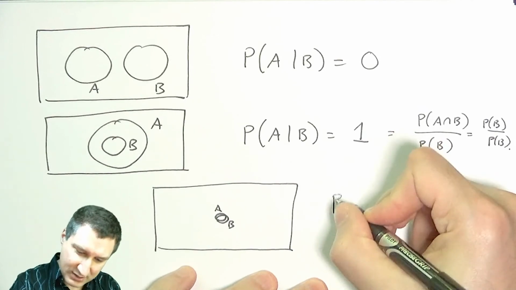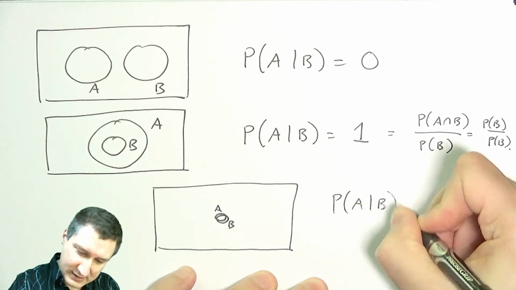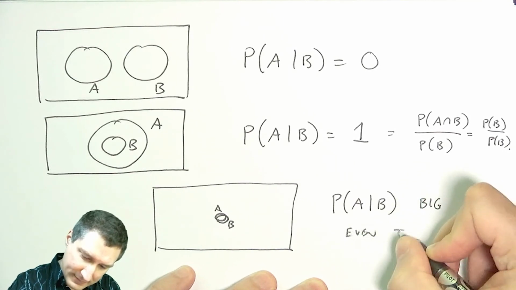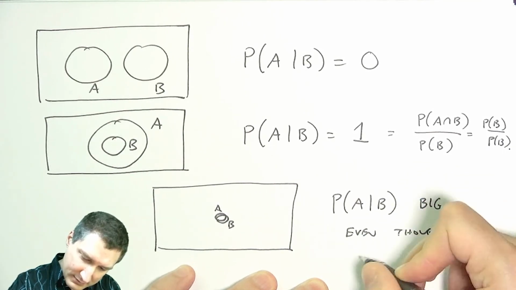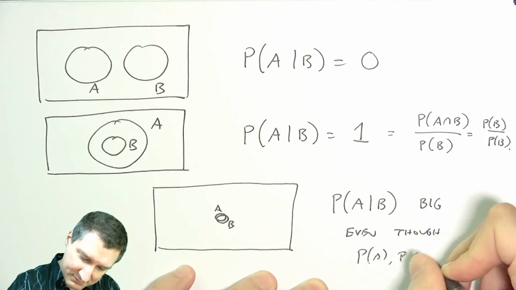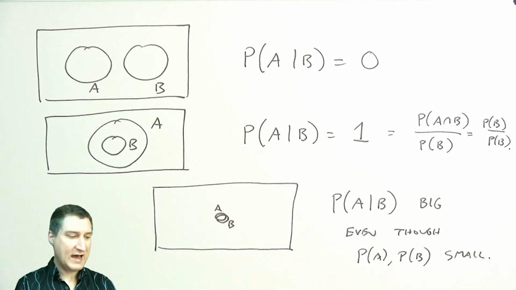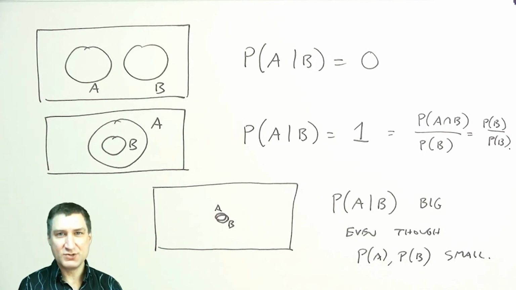So the probability of A given B is big, even though P of A and P of B by themselves are both small. For example, I am testing for some super rare disease, and there's a super rare symptom that you hardly ever see, but when you do see it, it basically indicates for sure that the patient has this disease. These are the cases where conditional probability helps me out a lot.